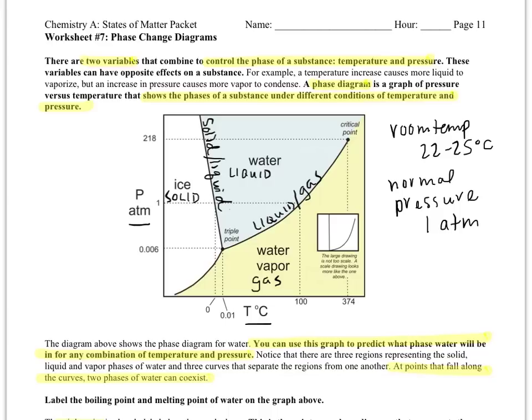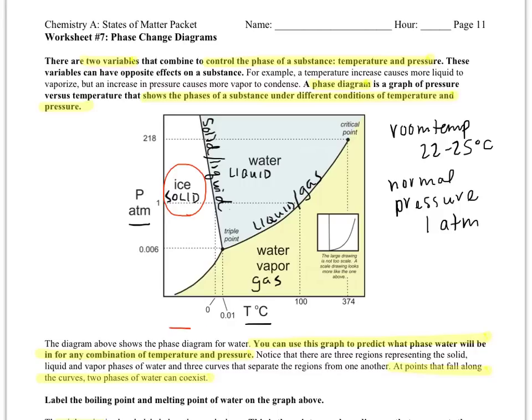Okay, so some important regions to notice. All right, I'll try to point these out in a different color. At the lowest temperatures, you always have your solid phase. And so if we refer back to water, which we're familiar with, that's kind of easy, right? Because at a low temperature, when it's cold, you're going to have ice. That's the solid, right?